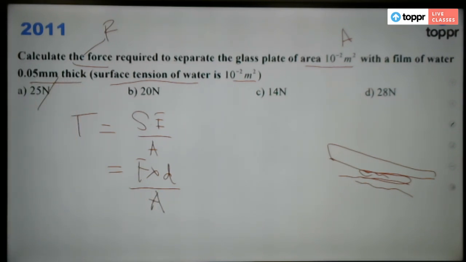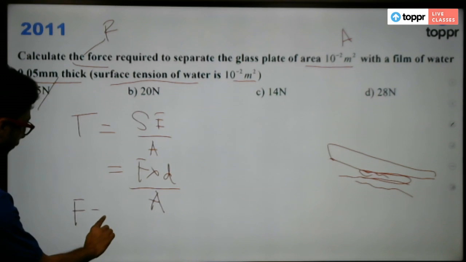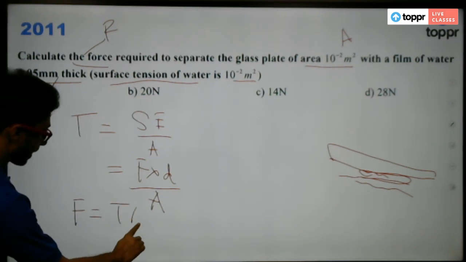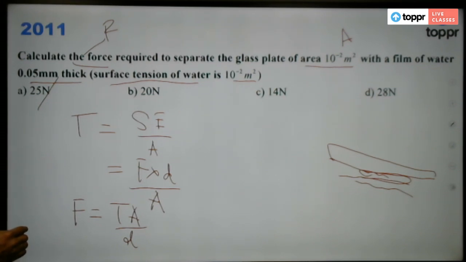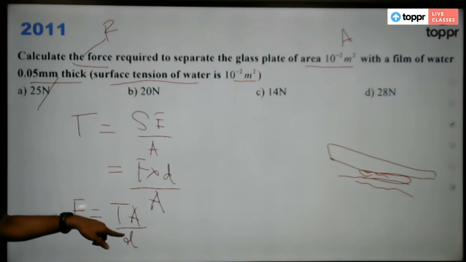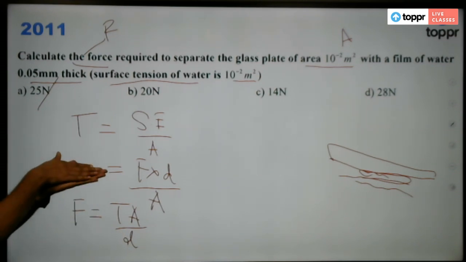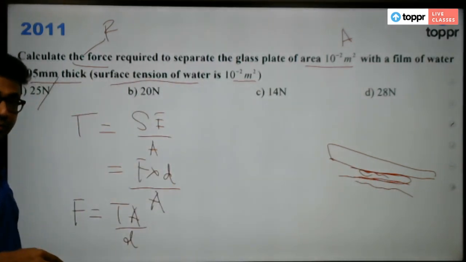Now see one thing. When we calculate the force, the force is surface tension into area divided by this distance D. Now, for this distance D, there are two surfaces. One this surface and this surface, right?